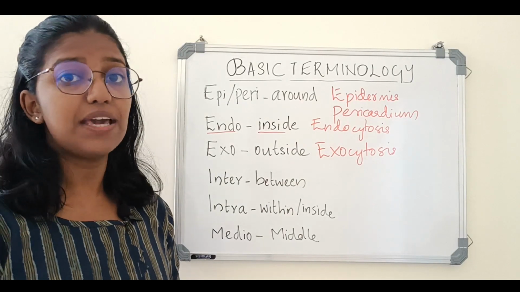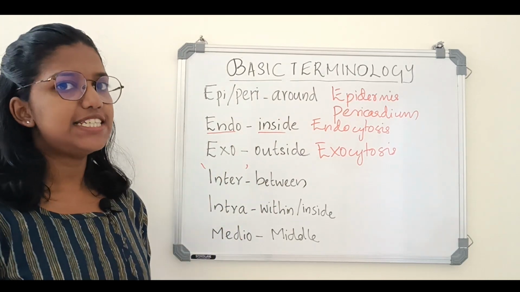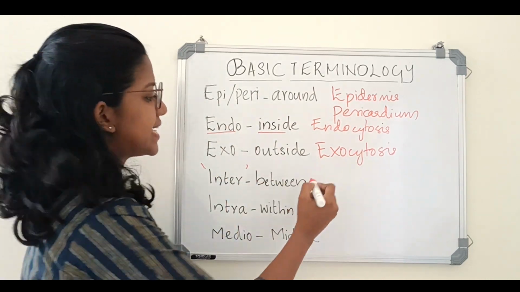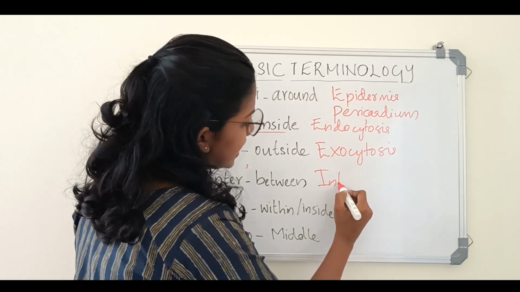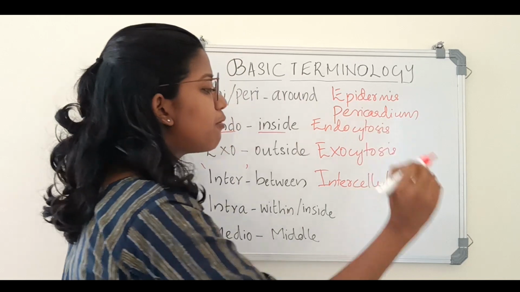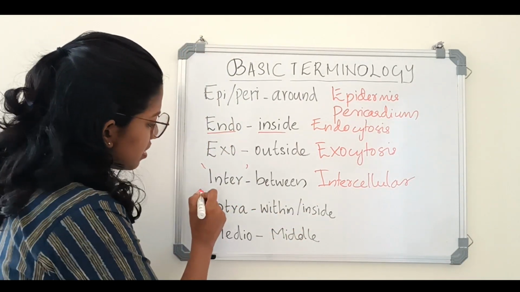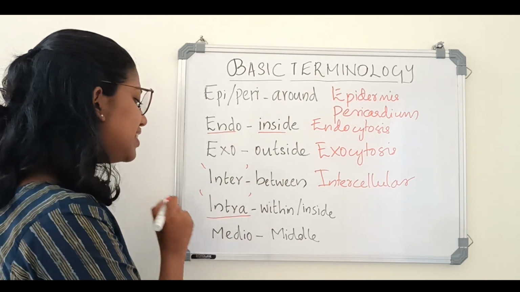cell membrane. Okay. Our next term is inter. Inter means between. As an example, you could say intercellular. That means movement of molecules in between the cells. What do we mean by intra?